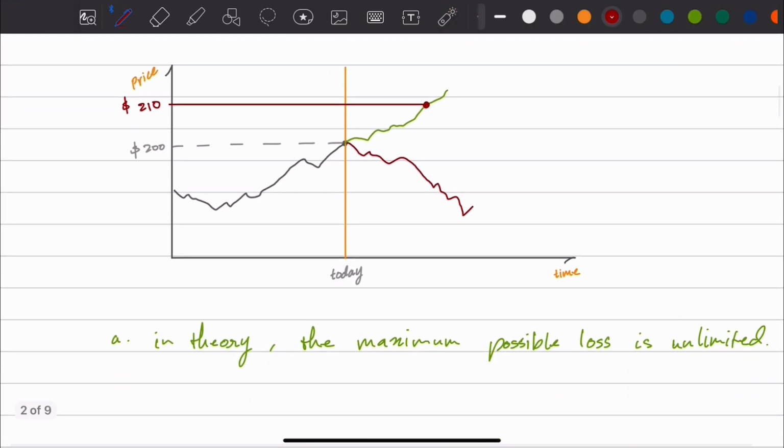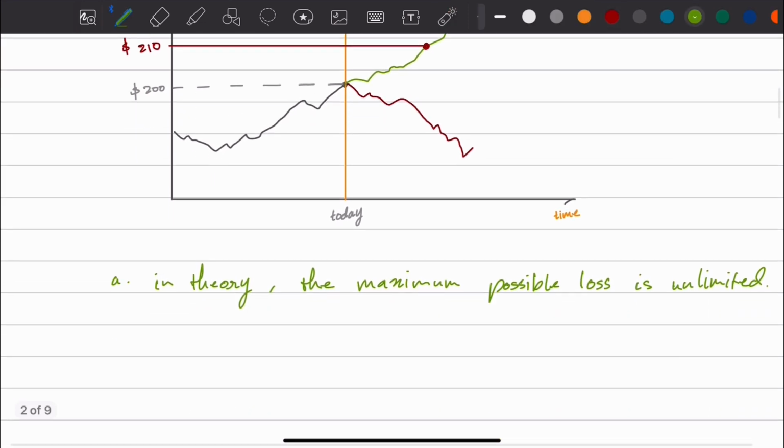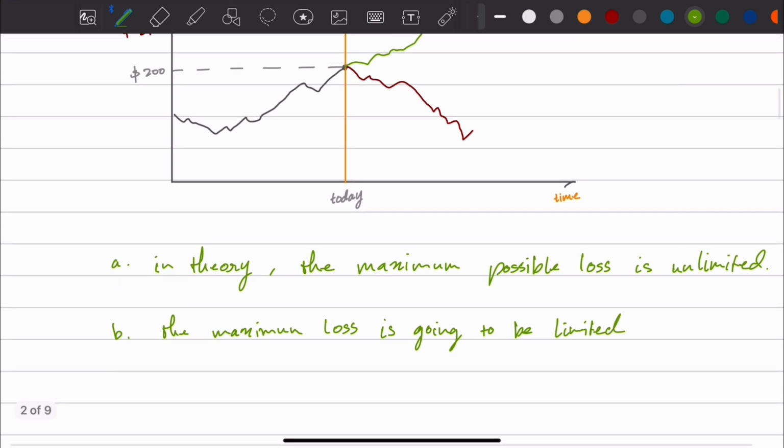So in scenario B, the maximum loss is going to be limited to $10 per share.